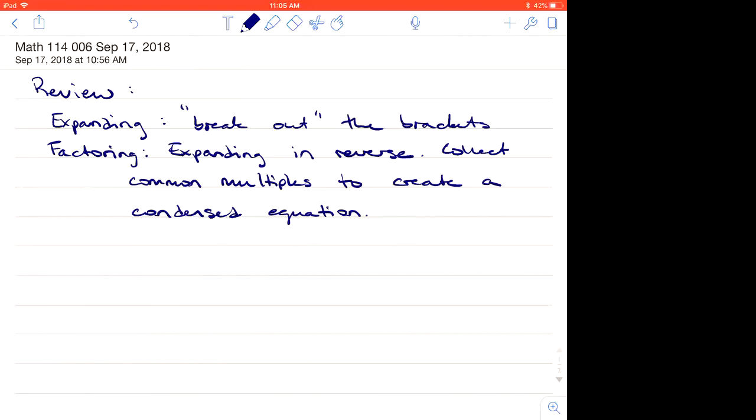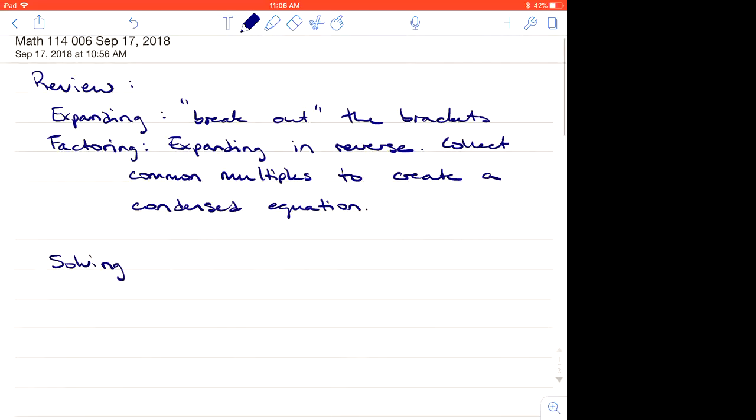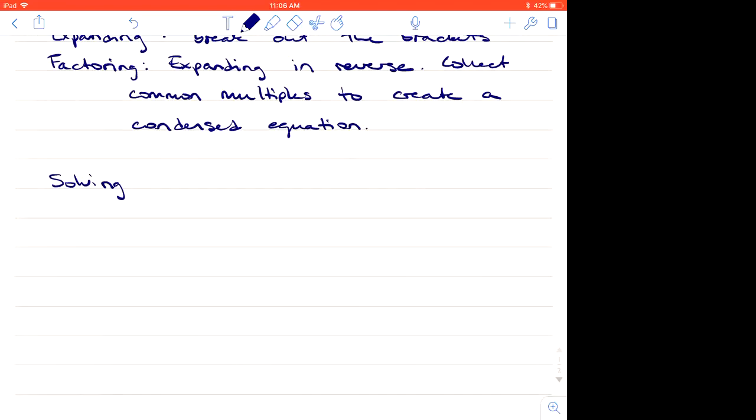Then we moved on to talking about solving systems of equations. We only used substitution. So solving systems of equations by substitution.